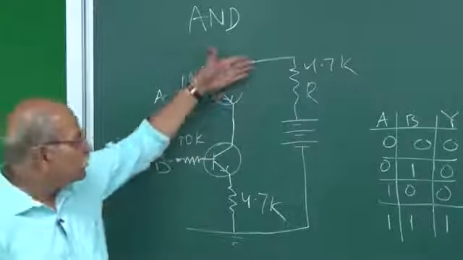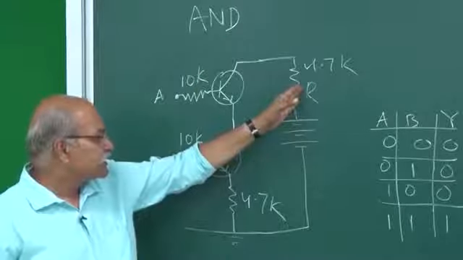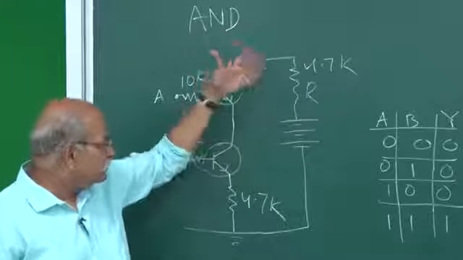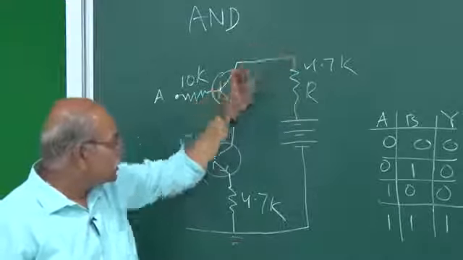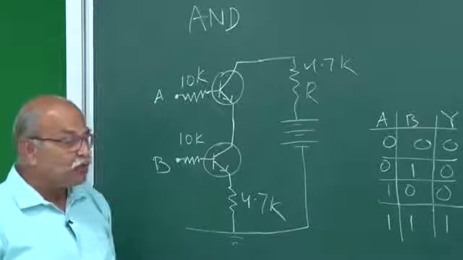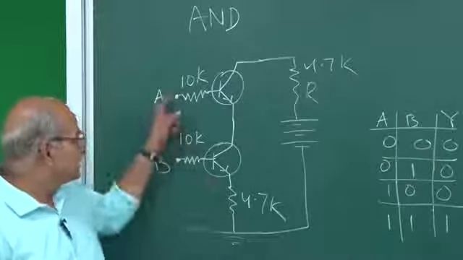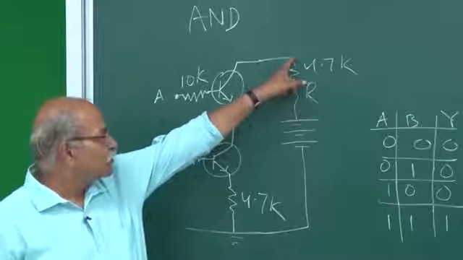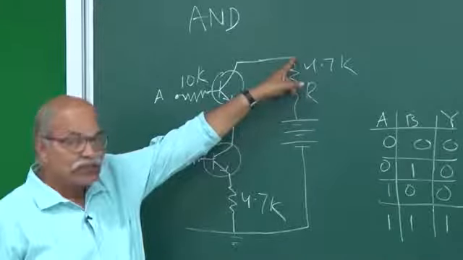And if no current goes through this collector, then no current goes through this resistance, and then you know that the potential here is same as this potential. But I do not want that, 0 0 should give me a 0. So, here 0 0, if I take output from here, then this is 1, but I do not want that.